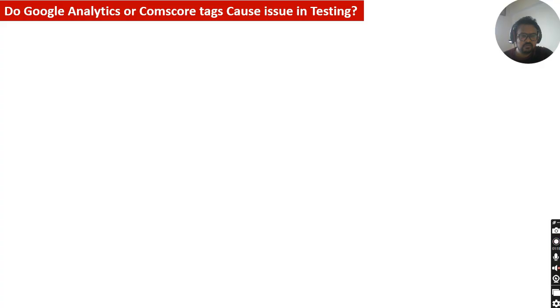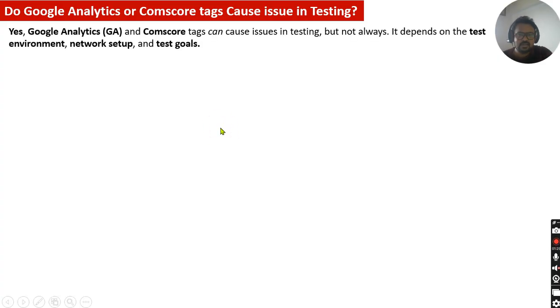In one of my videos I have already covered in detail how you can validate and fetch that information, but here we are talking about whether they really cause any issues in testing. In simple words, yes, Google Analytics (GA) and Comscore tags can cause issues, but not always, because it depends on how aggressively they are used, and on a few things like the test environment, the network setup and the test code.